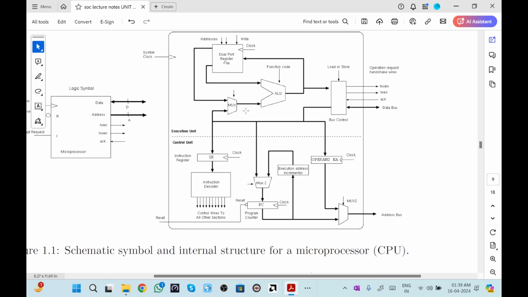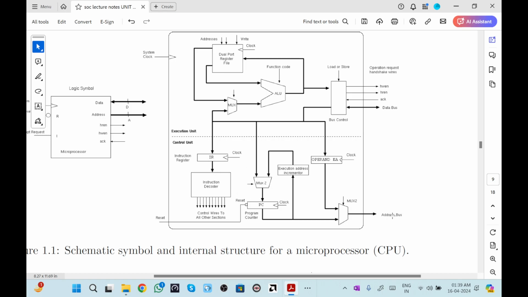Then this block has been divided into two sections: the execution unit, where whatever processes are assigned get executed, and the control unit. The control unit is responsible for decoding the logic and the execution of the statements.